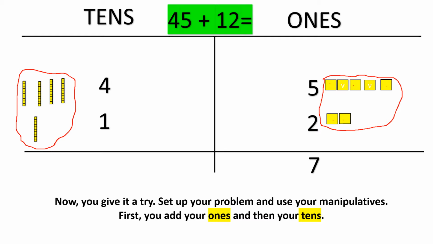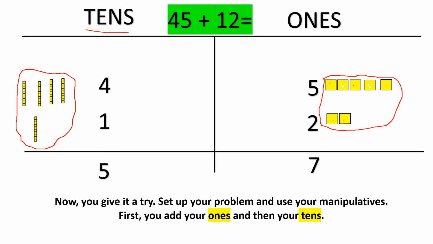Now I'm going to add my tens. 4 plus 1. 10, 20, 30, 40, 50. 4 plus 1 is 5. So 45 plus 12 equals 57.